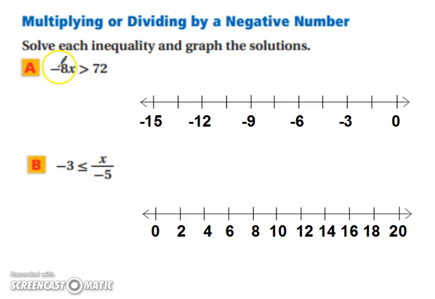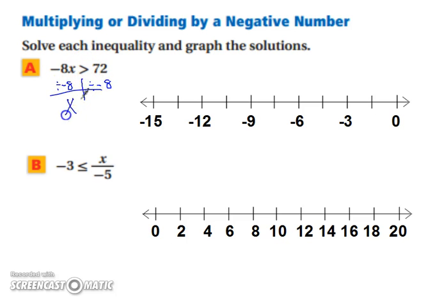We have -8 times x is greater than 72. So we are going to divide both sides of the inequality by -8. So we're going to divide the left by -8 and the right side by -8. Now you're dividing by a negative, so you need to reverse this inequality symbol.